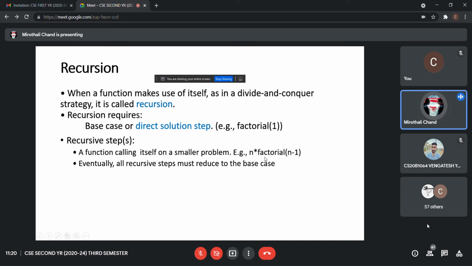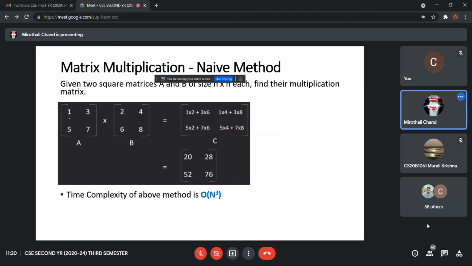In case of n factorial, it is n into the factorial of n minus 1. It will calculate the factorial of n minus 1 and multiply with n, and again it will be considered as the factorial of the given number. So this is just an overview of what recursion is and how recursion is used in the divide and conquer strategy.